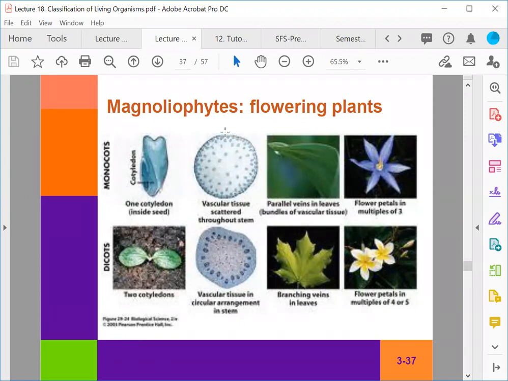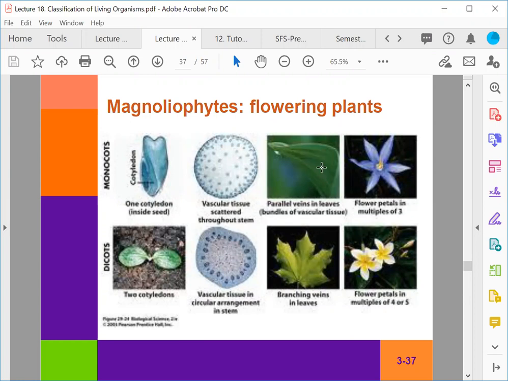All right, if we're looking at a cross-section of a stem of a monocot, you would see that the vascular bundles, these little patches here, they're scattered more or less randomly throughout the stem. In contrast, you've seen an image like this one, where in dicots, the vascular bundles are arranged in a circular arrangement within the actual stem.